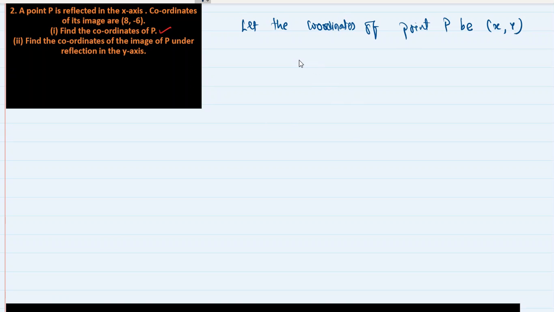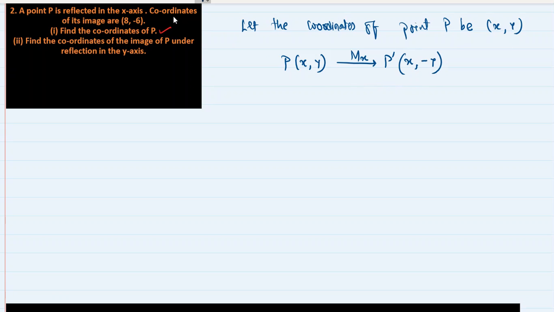Now this point P (x, y), when it is reflected in the x-axis, becomes P dash, the image, and it will become (x, -y).